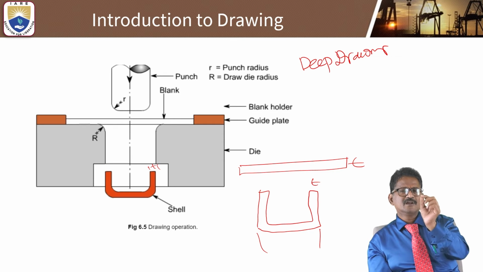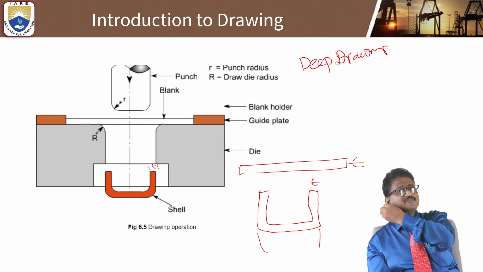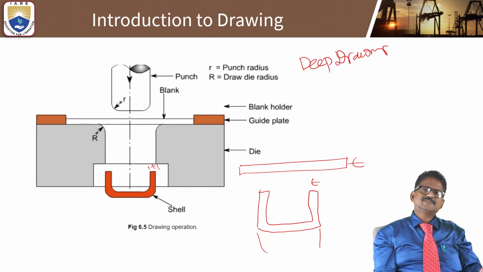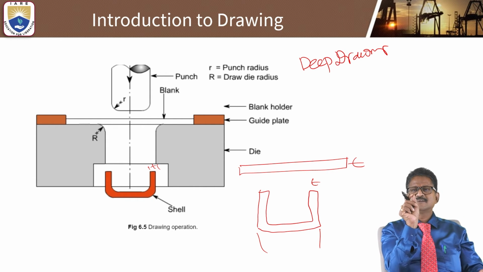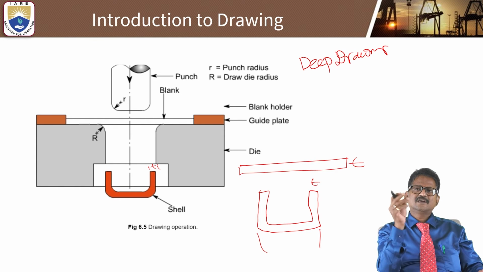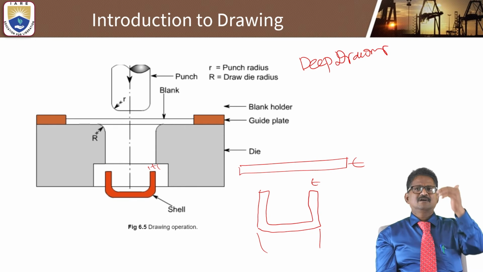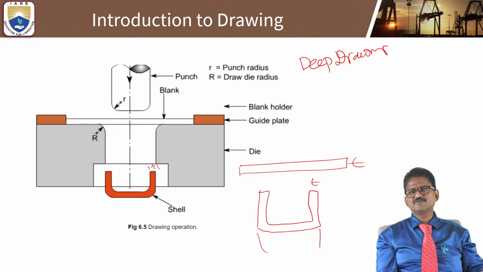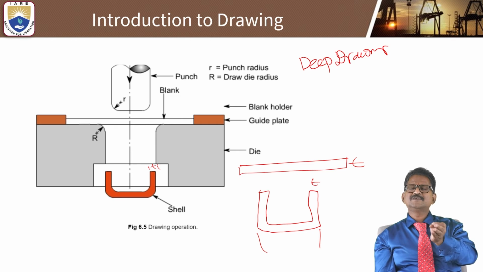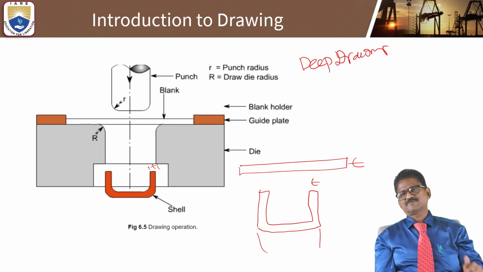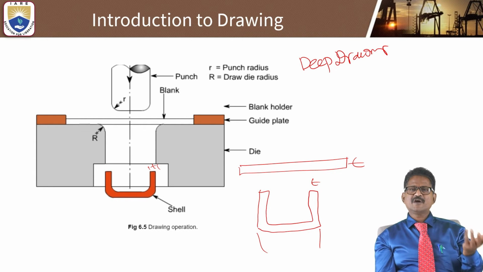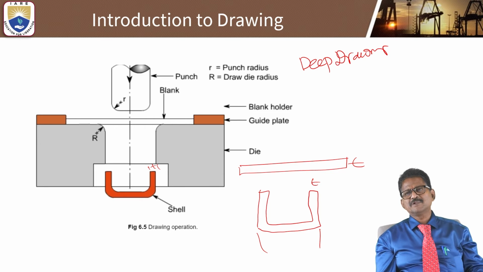Punch radius is small r, draw radius is capital R, and the shell is rectangular, with the size being the thickness. The drawing force can be determined from thickness, diameter and shear stress, times D by d minus a constant factor. That constant factor, 0.6, is deducted for trimming and some extra material coming out.